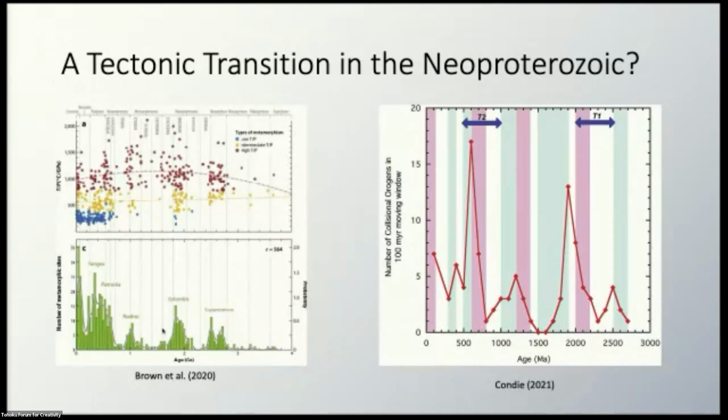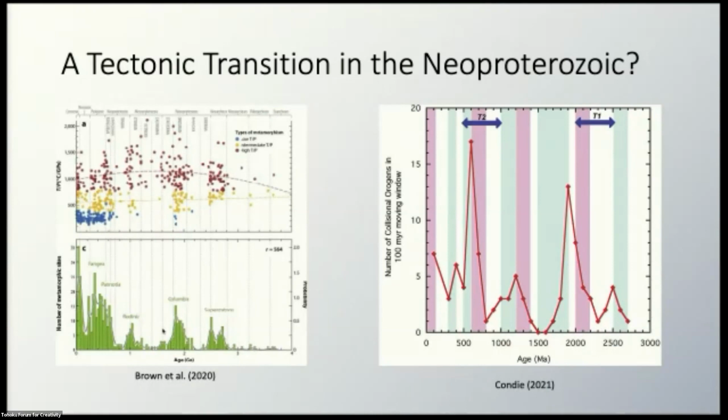So, a number of people have talked about tectonic transitions in the Neoproterozoic as well. Here's the number of orogenic collisions, again from Ken Condie. You see the spikes in the Neoproterozoic and the Paleoproterozoic. Brown and others argue for a transition here.